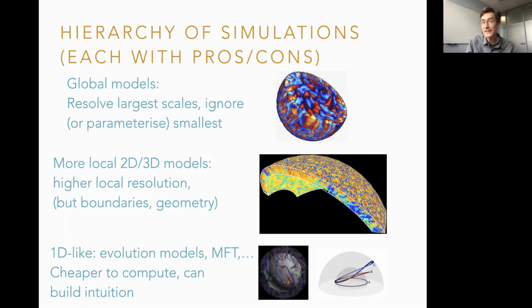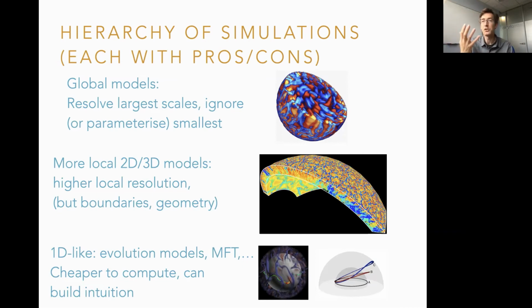Ideally, in principle, this is an easy job. We just simulate the full 3D MHD equations in a rotating sphere at actual values of the microscopic resistivities. Unfortunately, we don't have the resources to do that, and won't in my lifetime anyway. So we pick our battles, and because of that, we generally have a hierarchy of approaches.